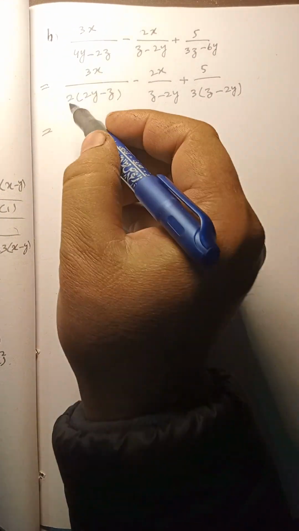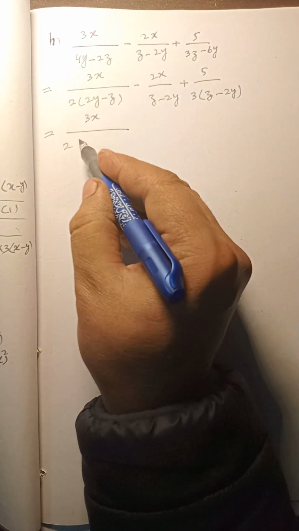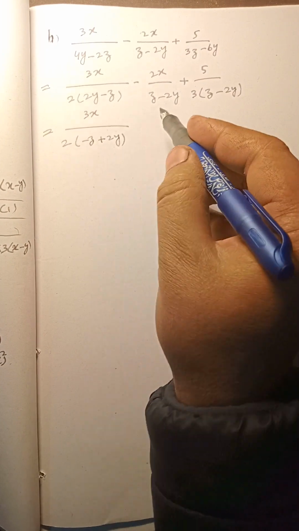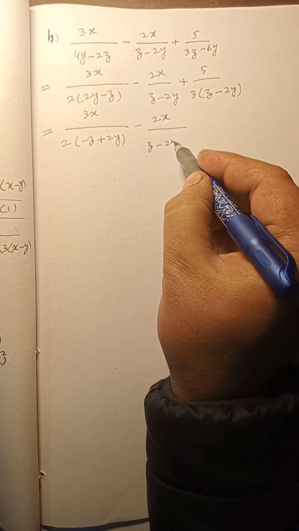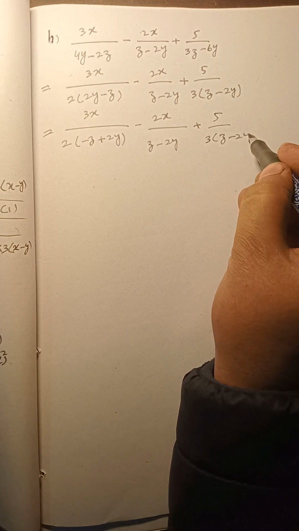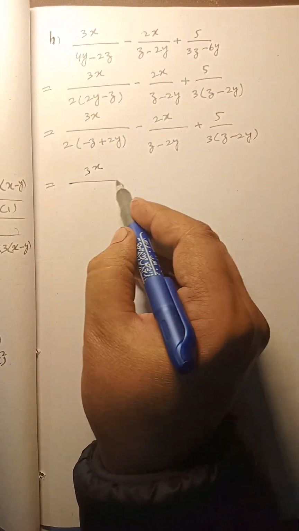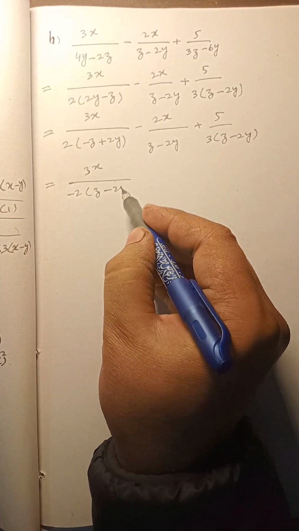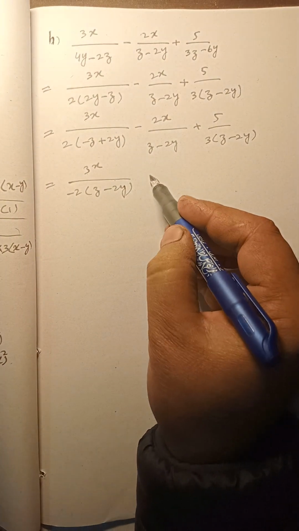Let us change the arrangement of this number. 2 into minus z plus 2y, these will remain same, z minus 2y plus 5 over 3 into z minus 2y. Now after changing the arrangement, minus 2 into z minus 2y, because due to this minus sign we have changed the inner sign.